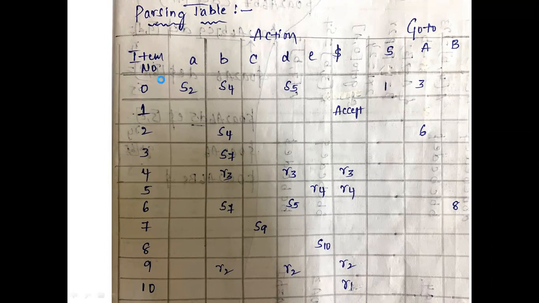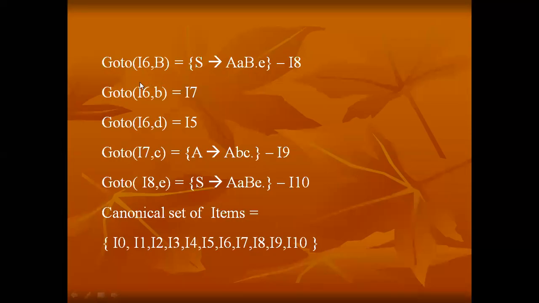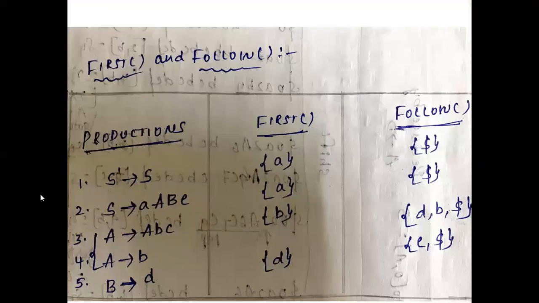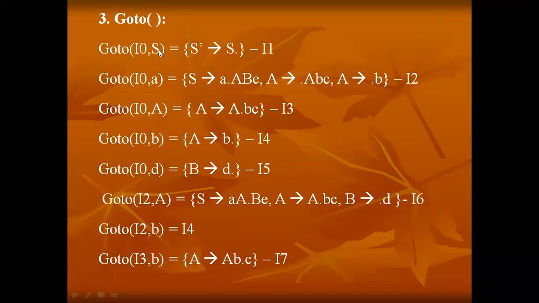And see here, after S, what variable are we having for the I0? After S, what variable are we having? A. That means I0 with A. At the place of I0 with A, we need to fill that entry with 3 without I. Why? Because here we are having an I3, right?